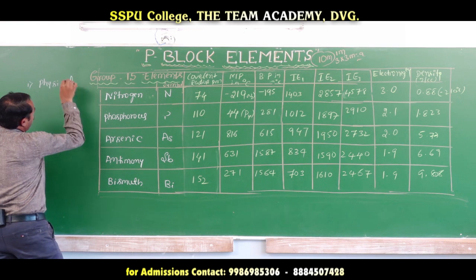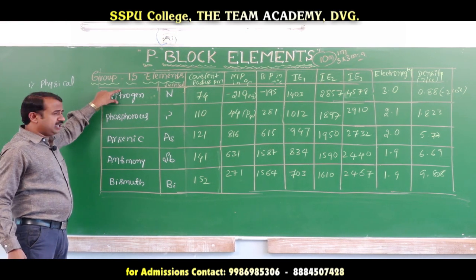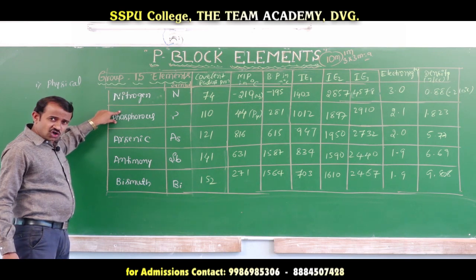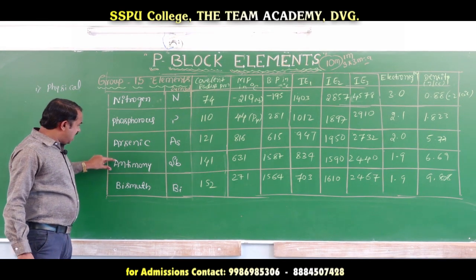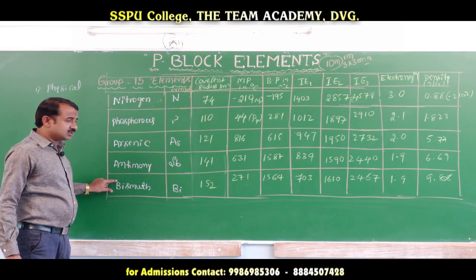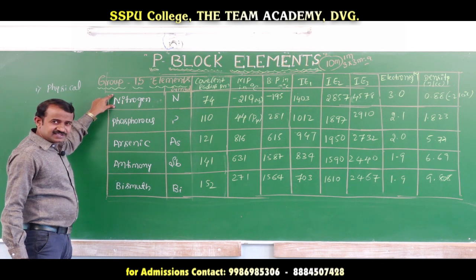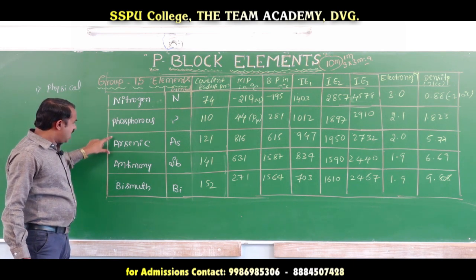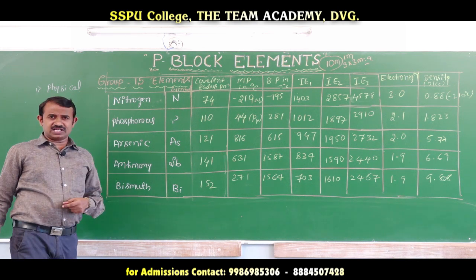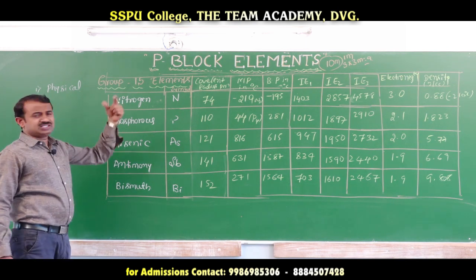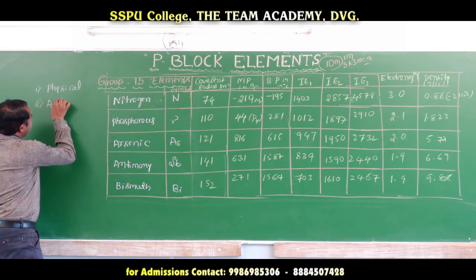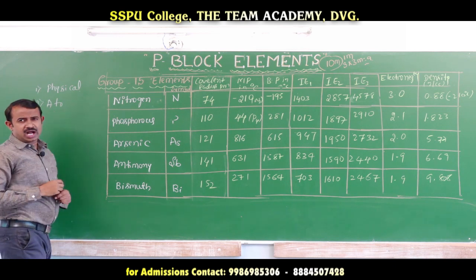Nitrogen is in the gaseous phase, phosphorus is solid, arsenic and antimony are metalloids, and bismuth is a metal. Occurrence we have already discussed. Next we will go for the second one, atomic size and ionic size.